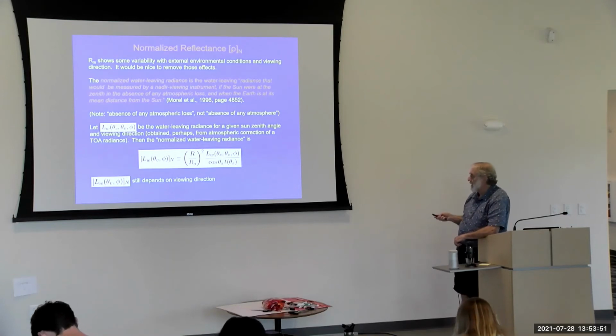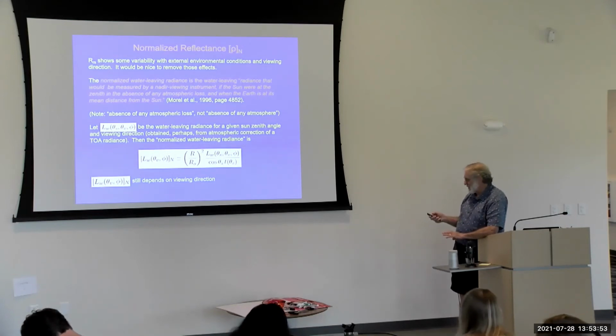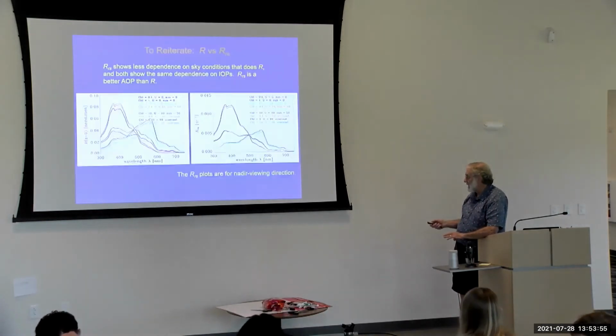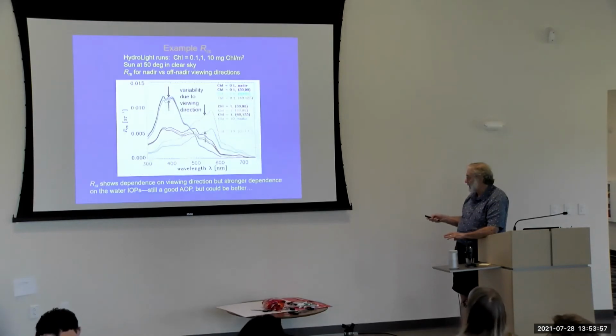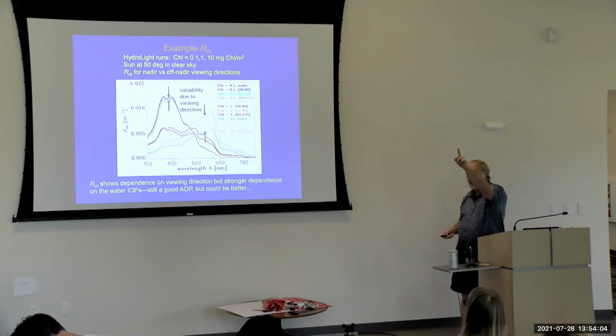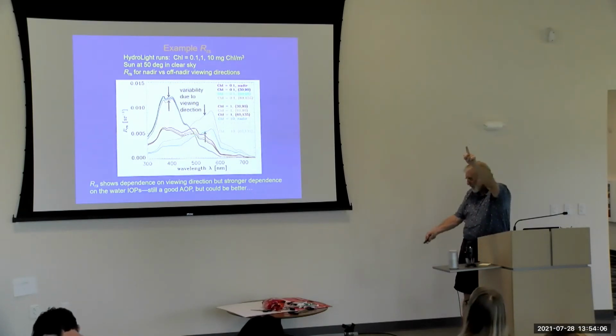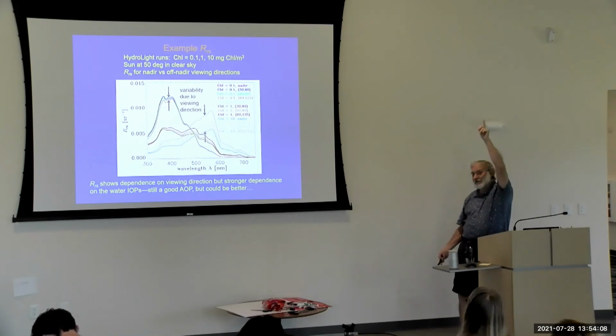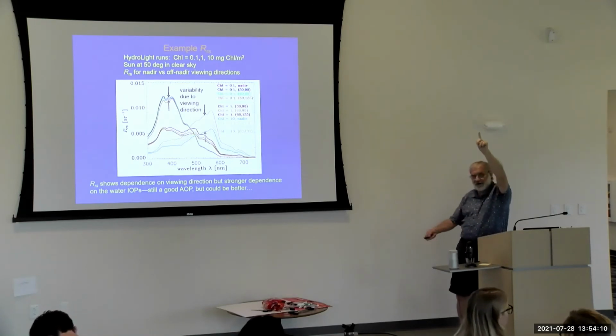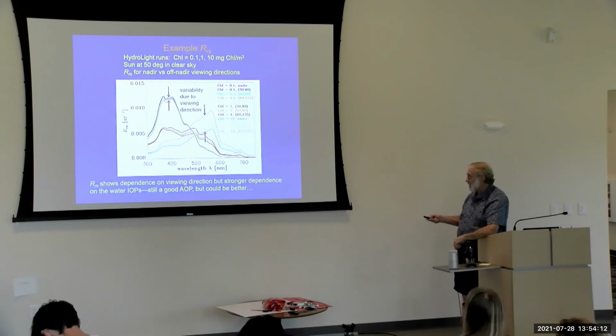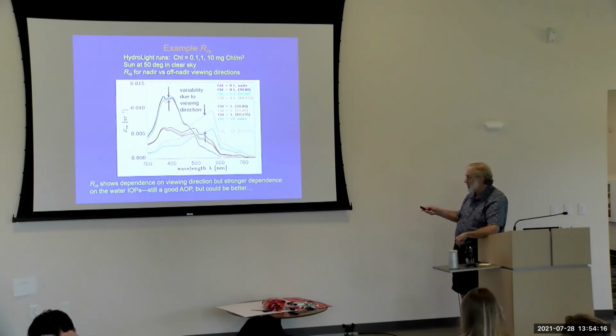Okay, so what people try to do is, when they look at this, say, well, there is an effect of viewing direction, and of course, I'm going to hold the sun here and I'm going to look here, here, here, and then I move the sun and look here, here, and here. I get something a little bit different. So they try to come up with some way to normalize out this angular dependence.